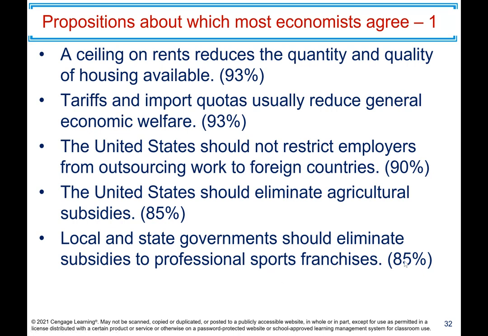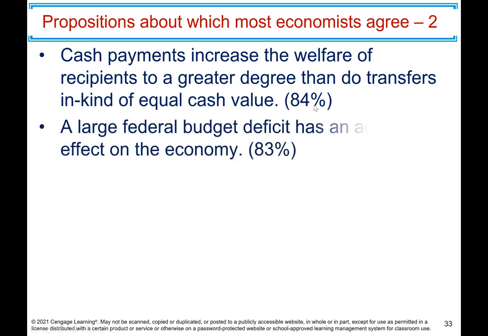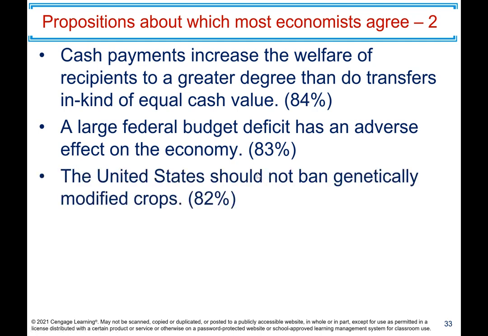85% agree. Cash payments increase the welfare of recipients to a greater degree than do transfers in kind of equal cash value. 84% of economists agree. A large federal budget deficit has an adverse effect on the economy, and 83% of the economists agree.